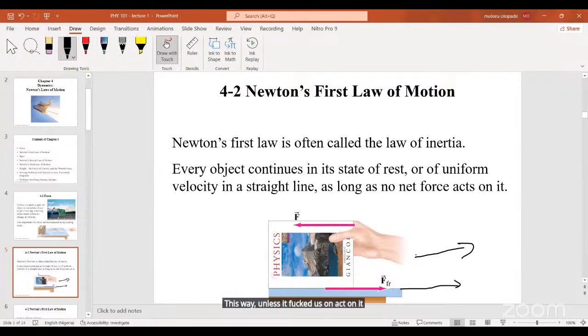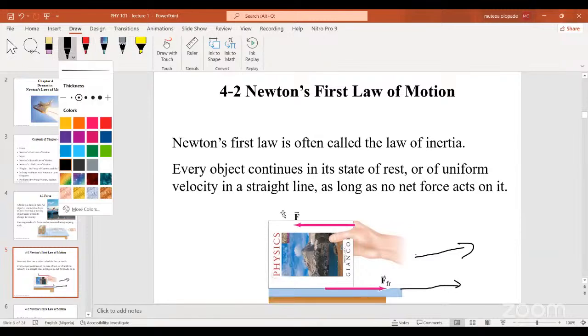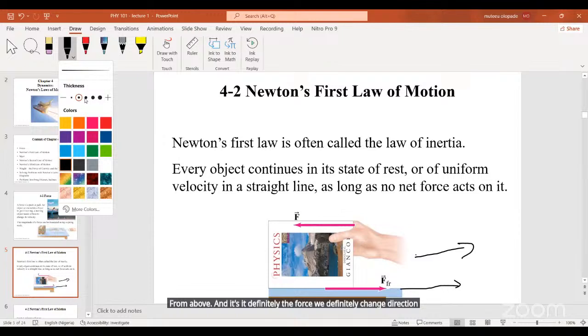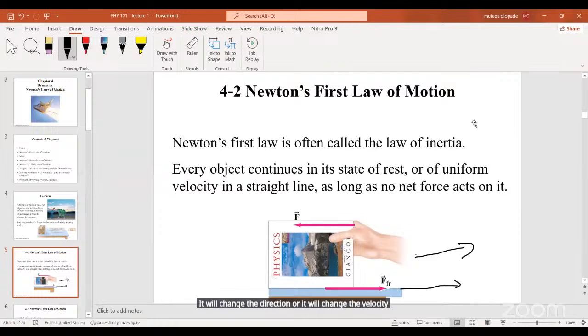If a force comes and strikes it from, maybe, this way, if you have a force coming from above and hits it, definitely the force will change the direction or change its velocity. That is what the force is going to do to this.